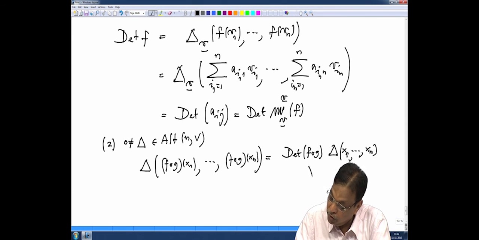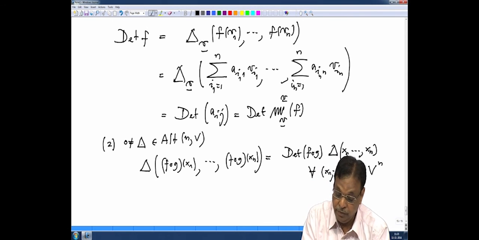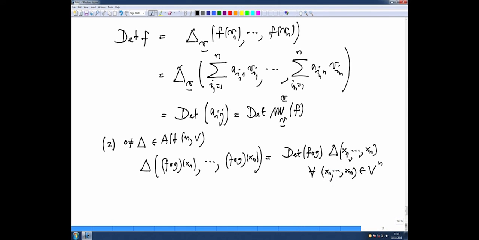This is true for all tuples x1 to xn in V power n. This is the new definition we propose: given any non-zero delta, apply the linear map first, and then the scalar that comes out is this.